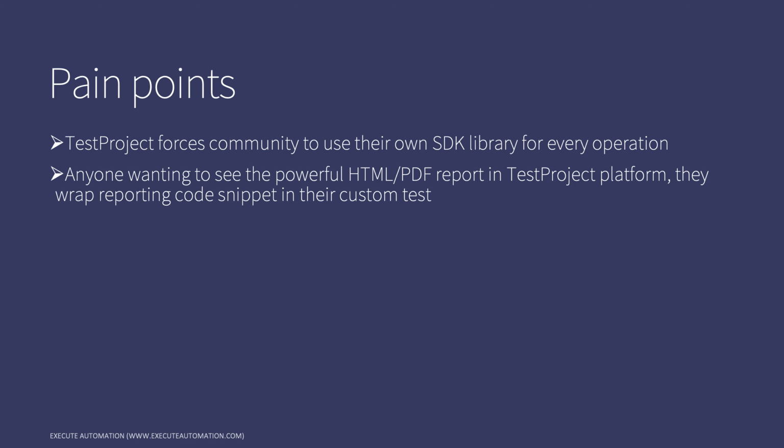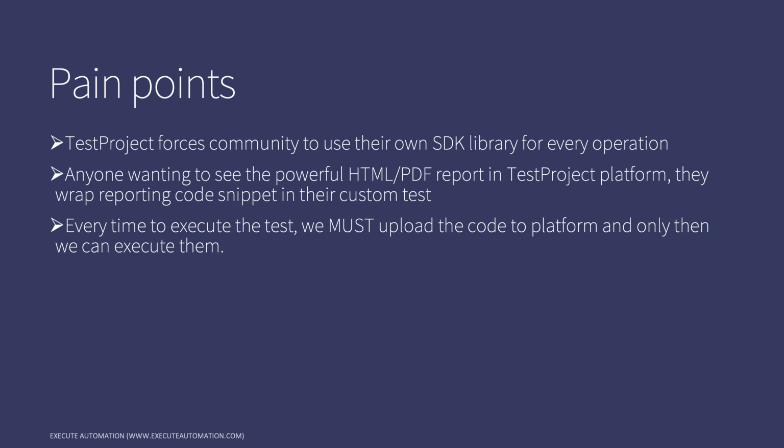Anyone wanting to see a powerful HTML and PDF report in TestProject's platform, which TestProject provides for free, needs to wrap the reporting code snippet around their custom test code so that they can execute it and see if the report is generated on the platform, which was also a pain.